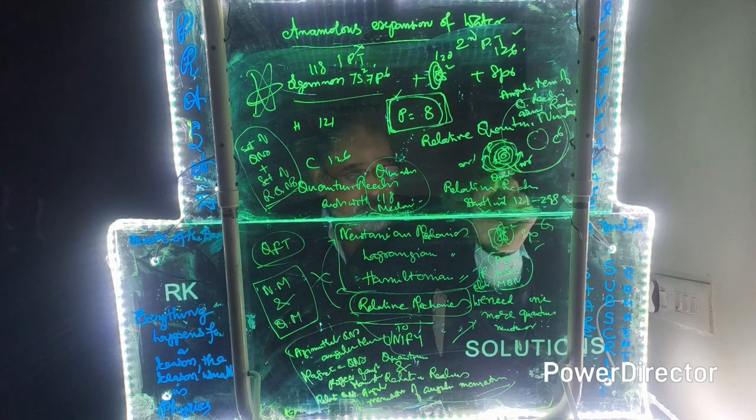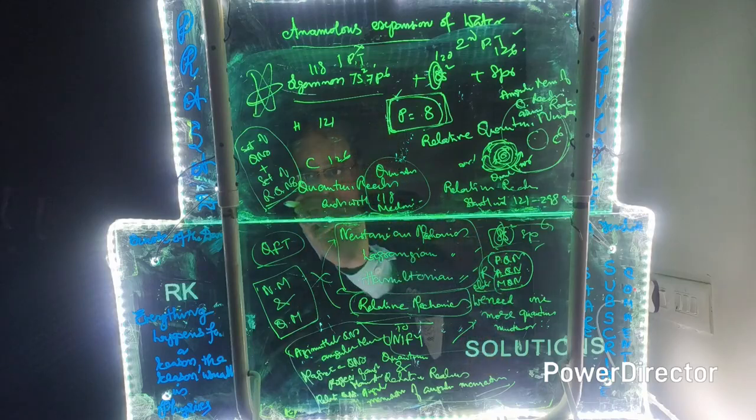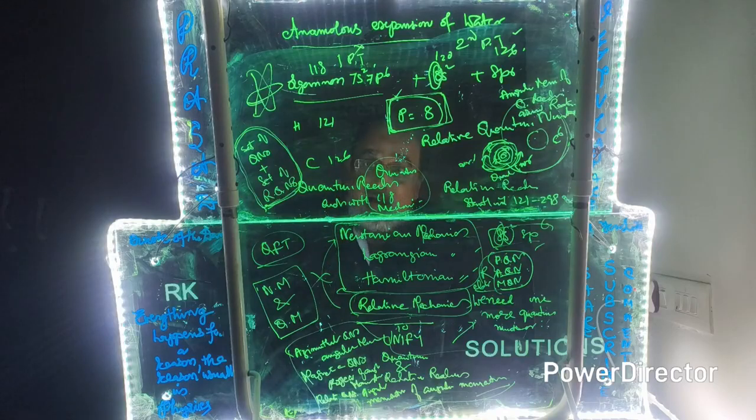This quantum world revolves around the graviton. The graviton revolves around this C6. So, how many do you need? A whole new set of quantum numbers. The present quantum numbers are not enough to define the angular momentum of the quantum world around the electron.